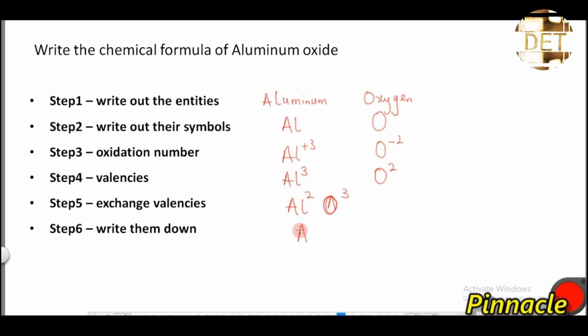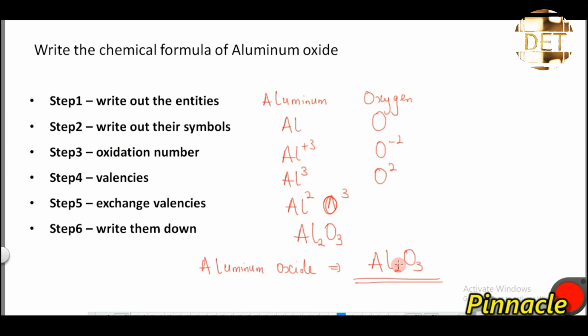So the next thing is to write these valencies down. So this will be Al2O3. So therefore, the chemical formula of aluminium oxide is what? Al2O3. This is the chemical formula of aluminium oxide.